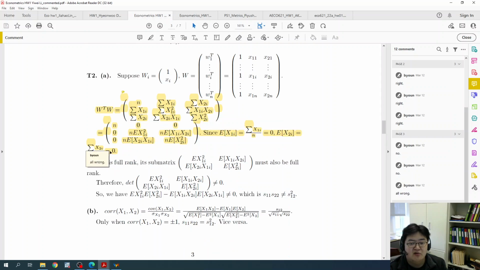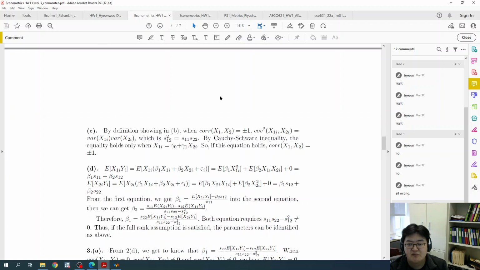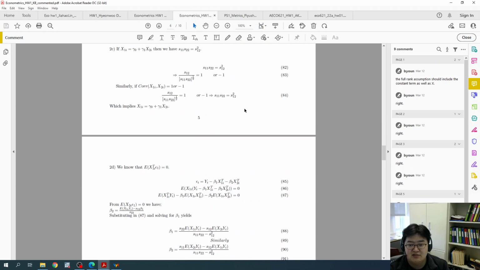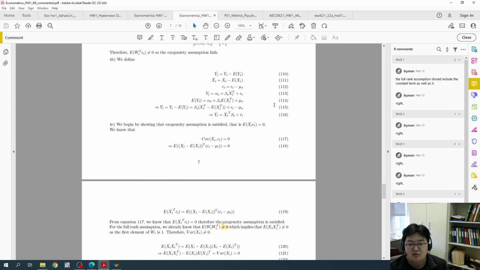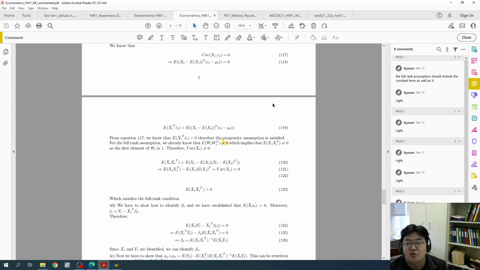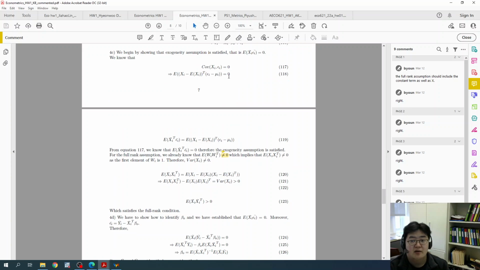Another error: there is no sample size, so this is totally wrong. And for all the other things, there was no specific problem here. Also, I said it's non-zero. It's different from invertible or not. You have to say the determinant is non-zero.